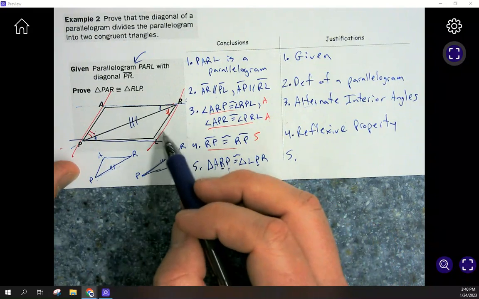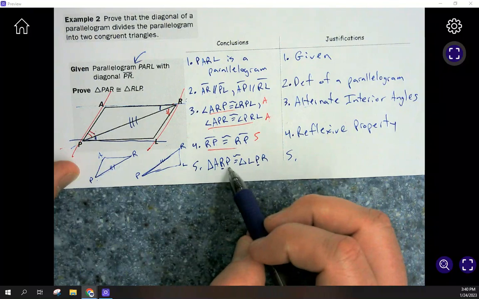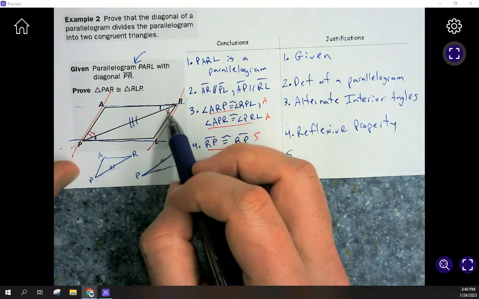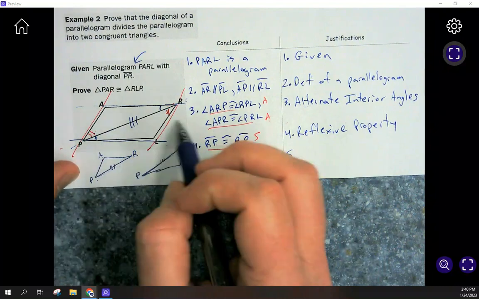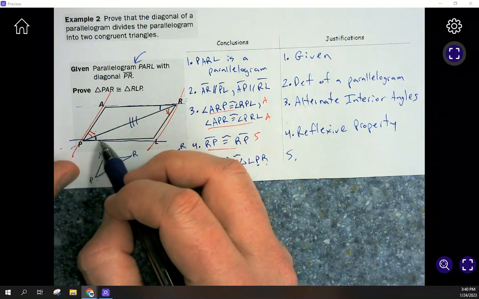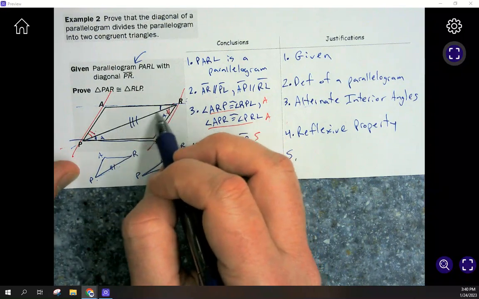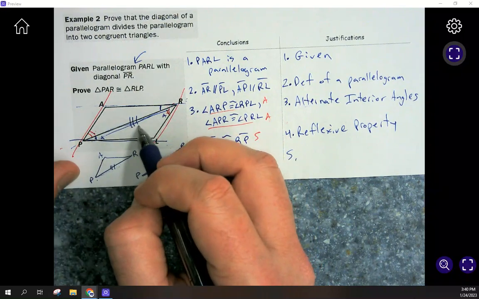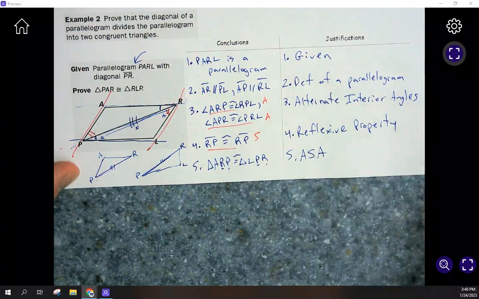This third one in this first triangle is marked with the two red ones. That P matches angle R, these two red ones here. So I've got this in the right order. And if I go back to one of these triangles, I've got my angle, and I've got my side in between them. So this is A, S, A.